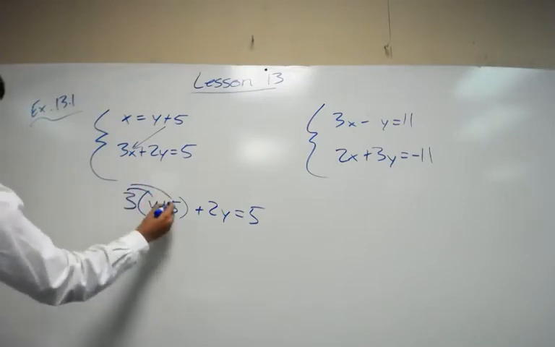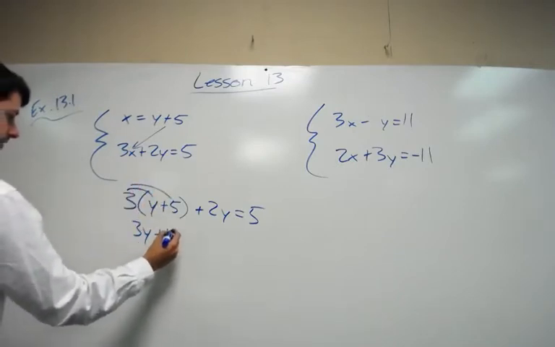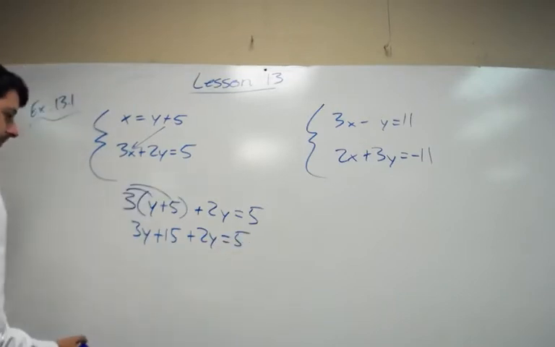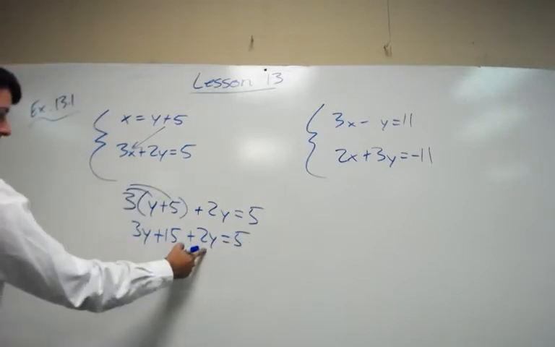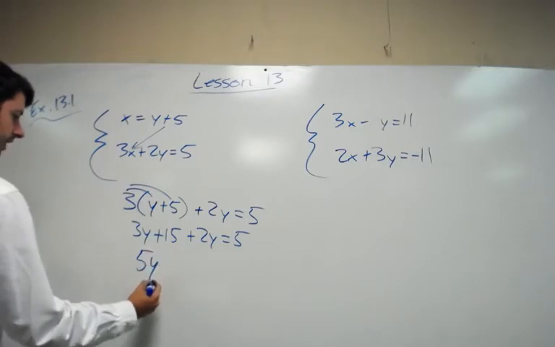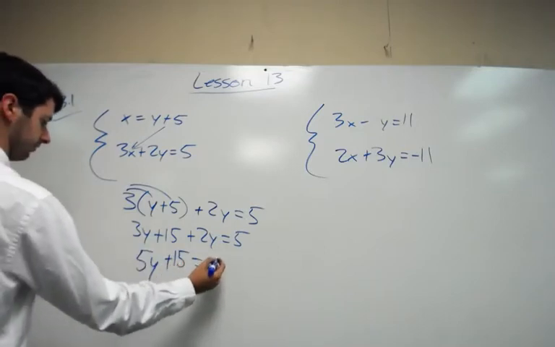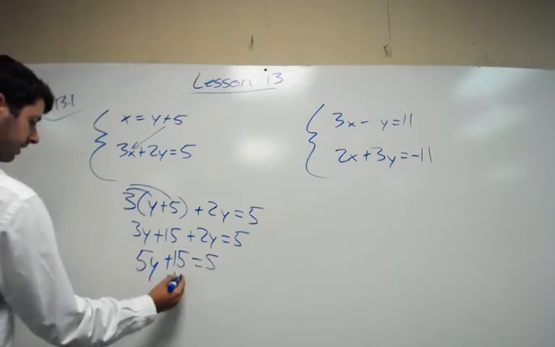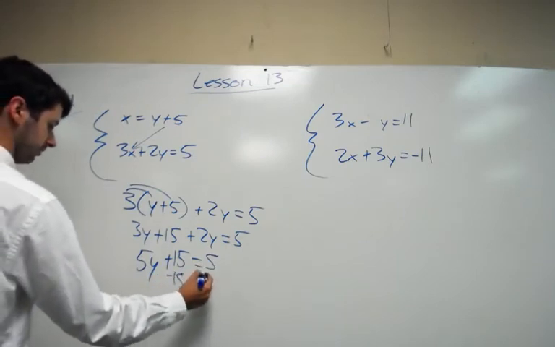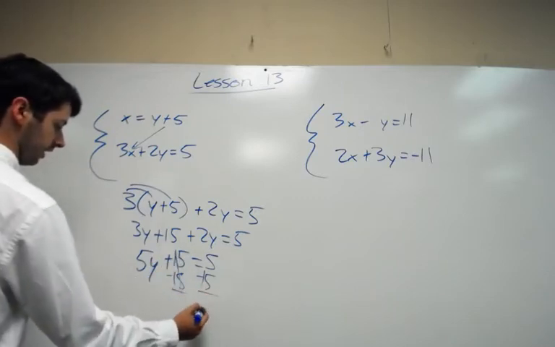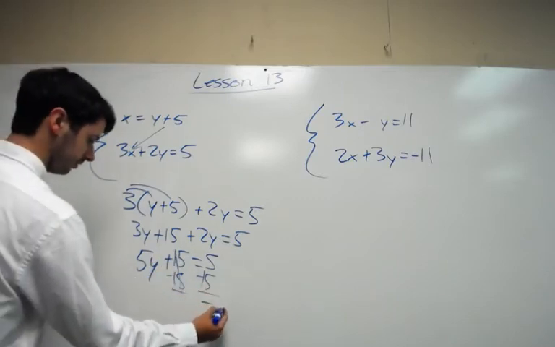You distribute: 3y plus 15 plus 2y equals 5. 3y plus 2y is 5y, plus 15 equals 5. Subtract 15. That would be negative 5.